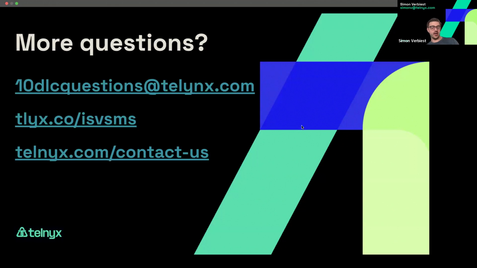The guide is highly recommended if it fits your use case: you're a software or services company and you have end users who send SMS themselves. That's telnyx.co/ISV SMS. And as always, if you go to telnyx.com/contact us, you can get more information.